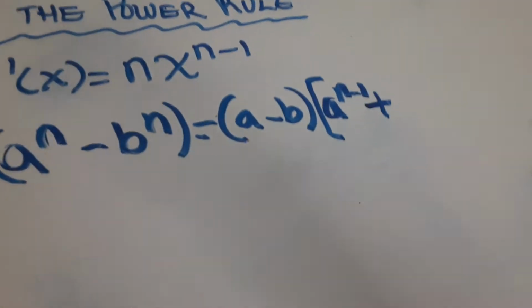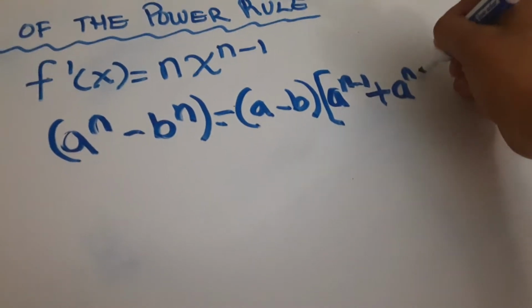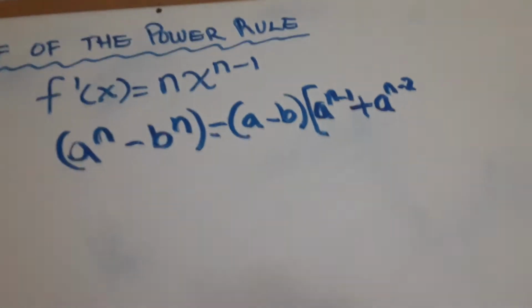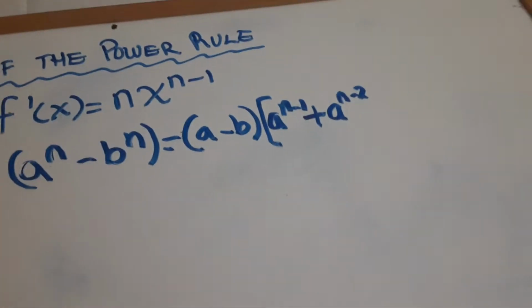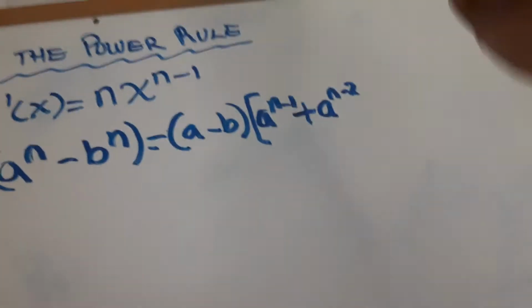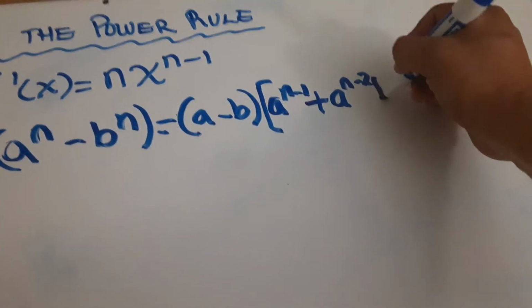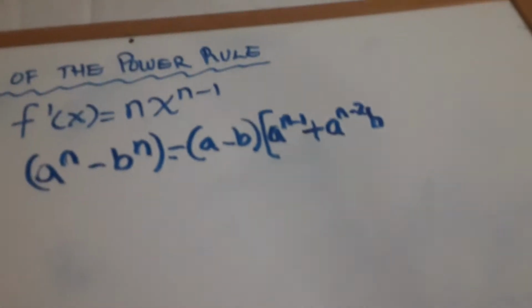So what will be the next exponent? The next term is going to be a to the n minus 2, because the exponent for a has to be decreasing. Then I have b to the 0 power that I didn't write. Then the next exponent for b will be b to the 1, which I don't write, right? We don't write exponent 1.